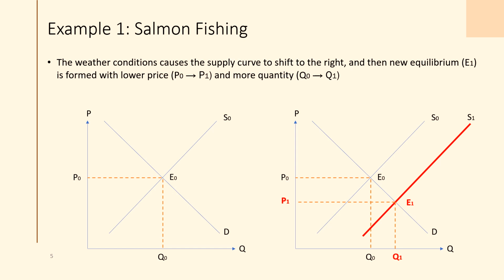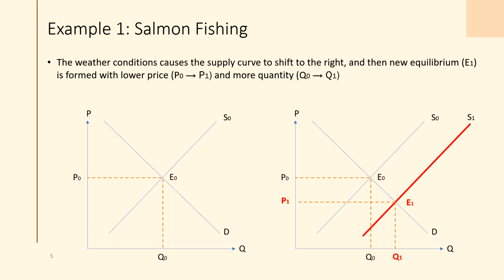Now let's apply our four-step process. This event affects supply because it improves production conditions. Since the conditions are favorable, supply increases, which means the supply curve shifts to the right from S0 to S1.